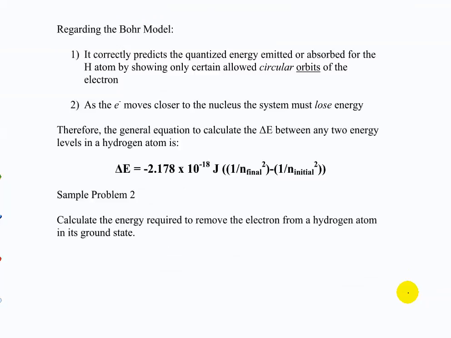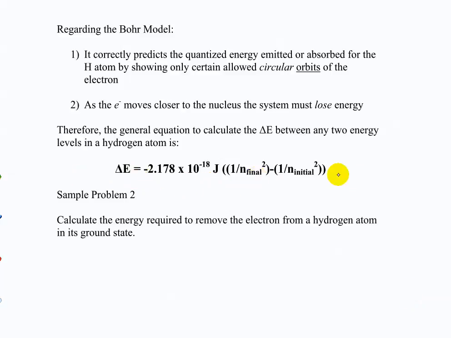Okay. You can actually combine those equations together, so you don't always have to calculate each individual level to get the change in energy. And usually we care more about the change in energy than we do about the energy levels themselves, because the change in energy is what gives us the light in the spectrum, or is what the light is we need to put in. So by combining the equations from before and doing a little bit of algebra, you come up with this.